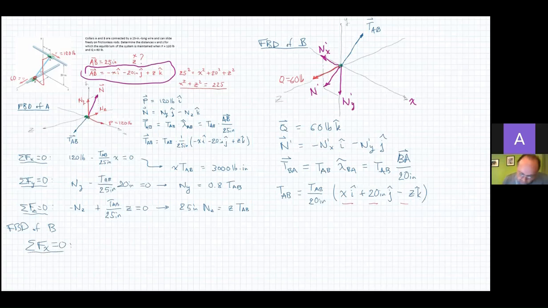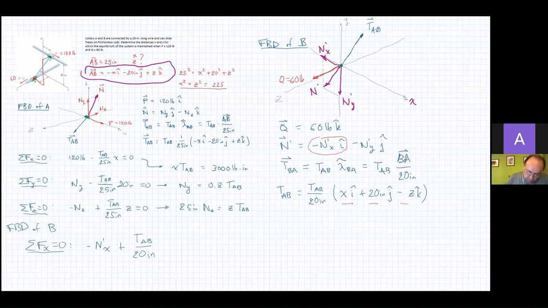We have to sum everything with the I, so we do this one and this one: minus n prime x plus TAB over 20 inches.